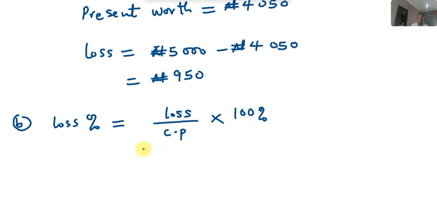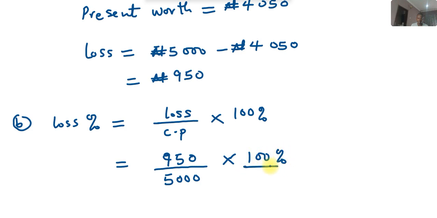We know that our loss as obtained is 950 naira. Then the cost price, which represents the original amount invested, is 5,000 naira, multiplied by 100% over 1.